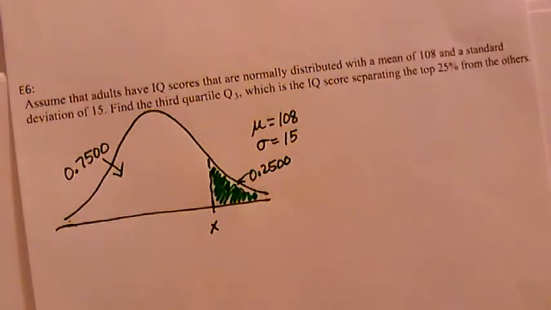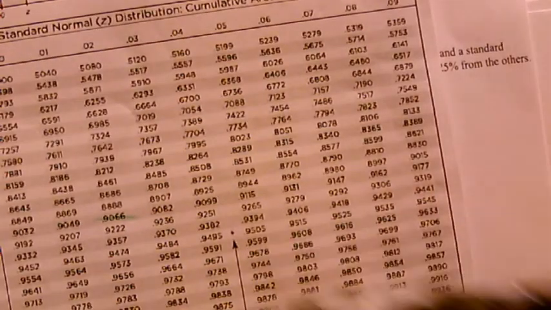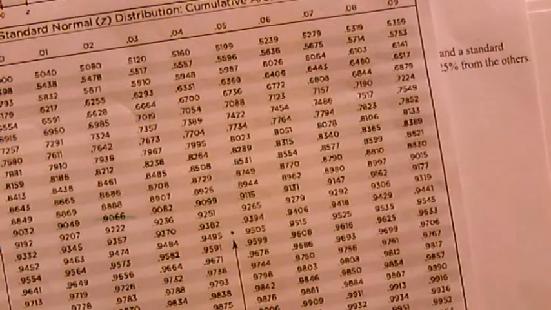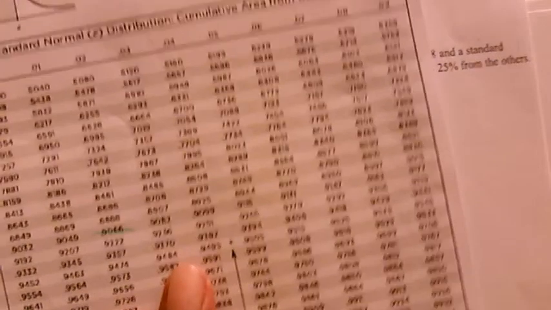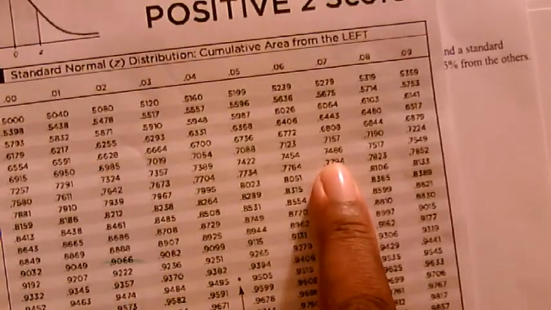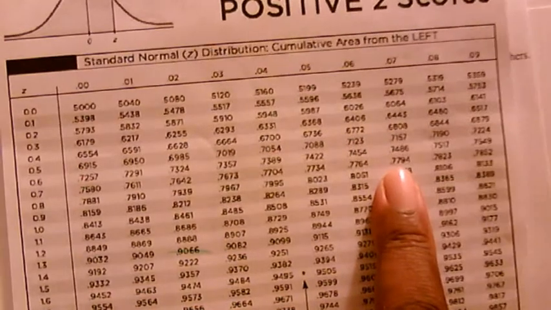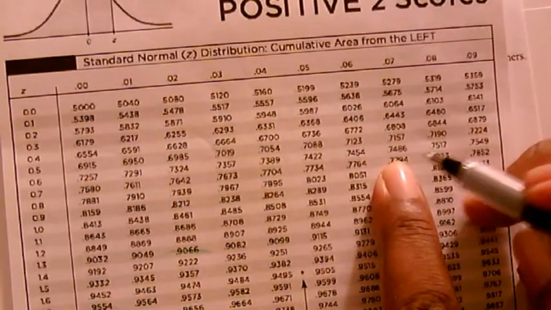And 0.7500 is over 1/2, so we use the positive z-scores and find a decimal value that's closest to 0.7500. And in this case, I'm using 0.7486, because that's the one that's closest to 0.7500.